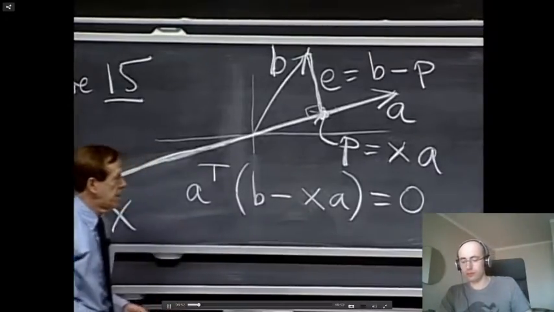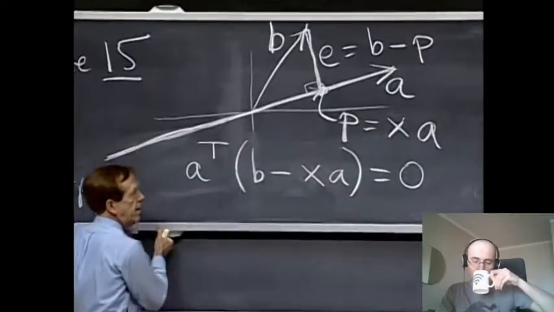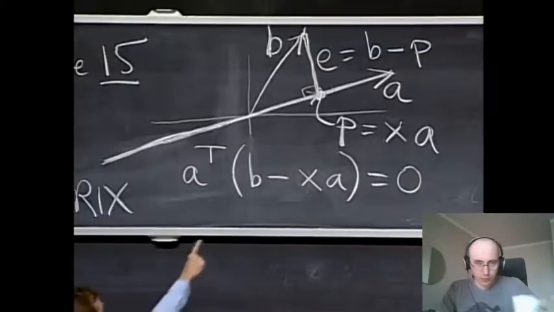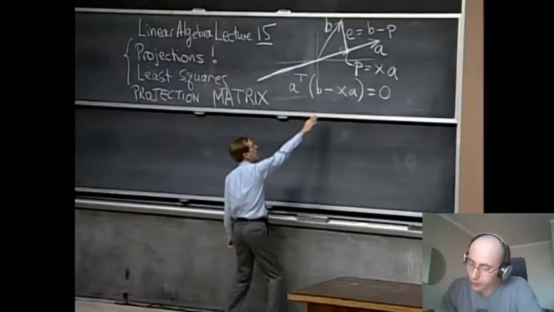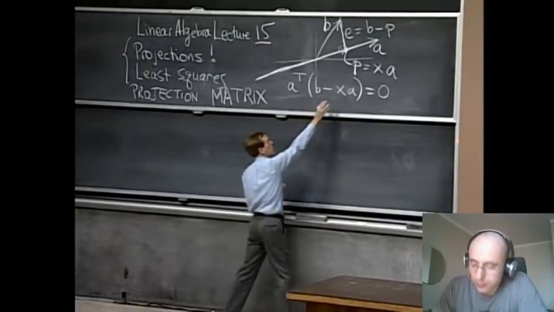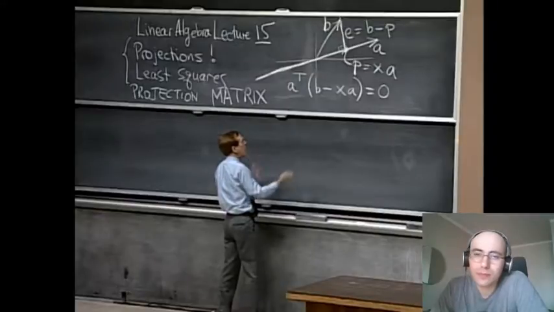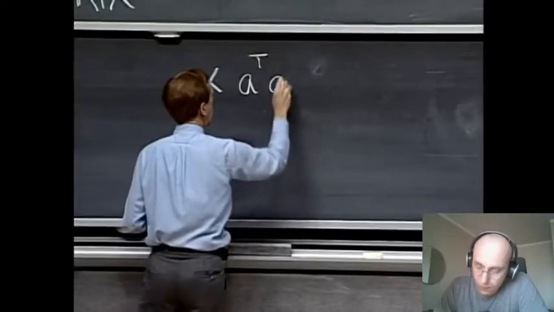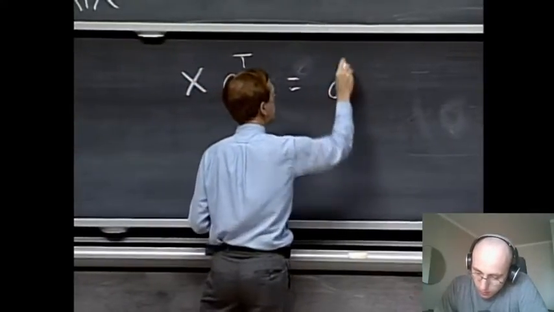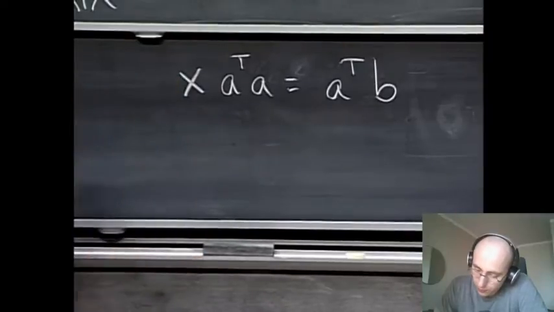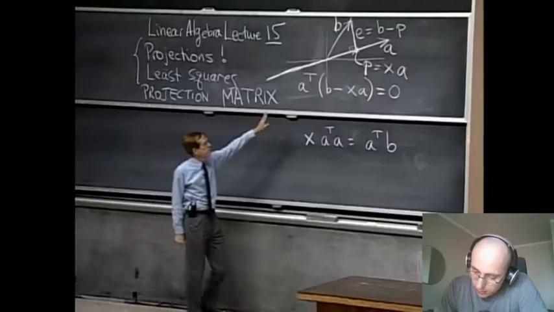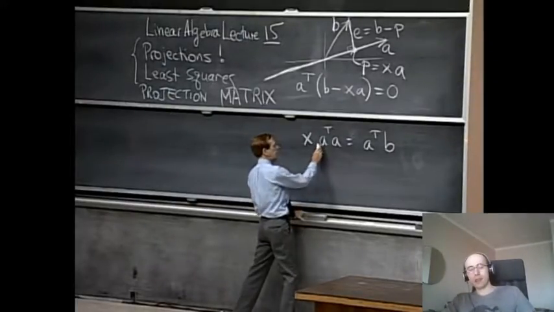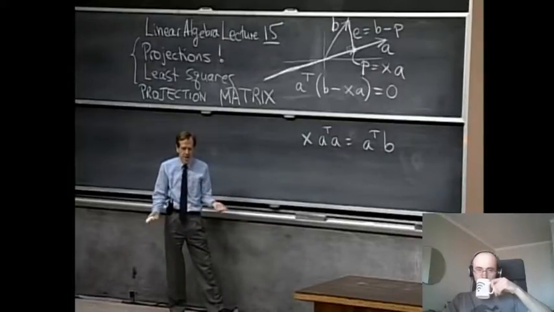That will tell us what x is. Let me just raise the board and simplify that, and out will come x. If I simplify that, I'll move one term to one side and the other term to the other side. It looks to me like x times A transpose A is equal to A transpose B. I have A transpose B as one term, A transpose A is the other. So right away, here's my A transpose A, but it's just a number now.